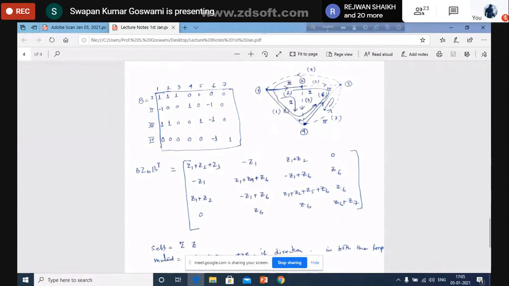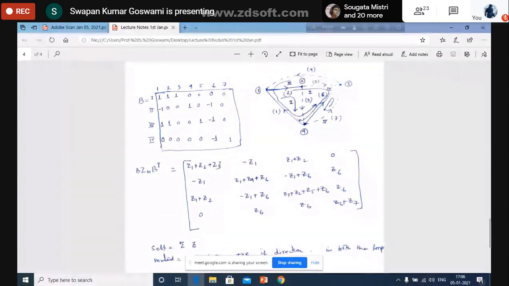The direction of this element is the same as loop 1 but opposite to loop 2. So the direction of the element is opposite in the two loops. That's why it is minus.